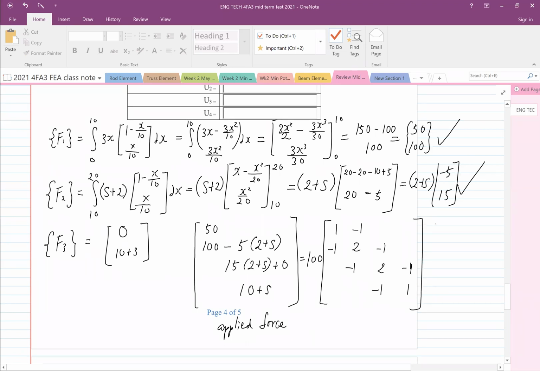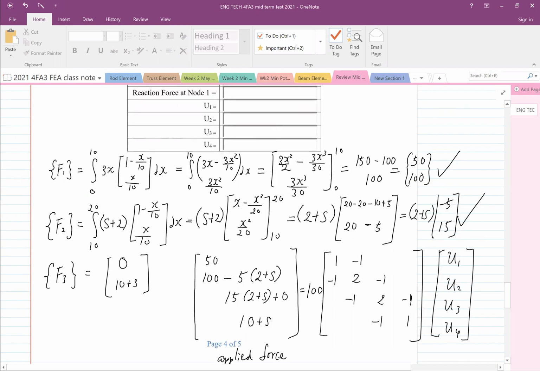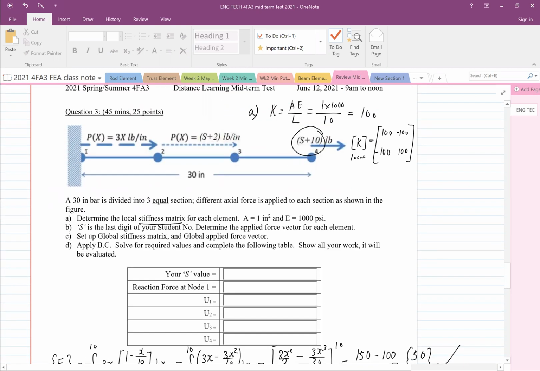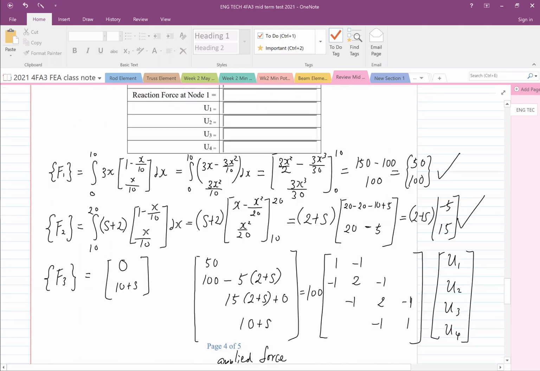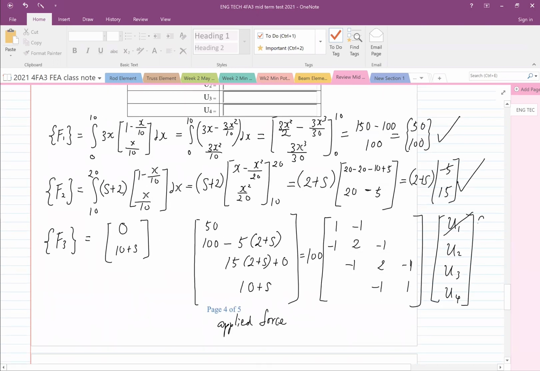Okay, and then the displacement vector, I assume I know nothing. Okay, and then when I look at the diagram, only node 1 is locked. Everything is free. Okay, so this is 0.